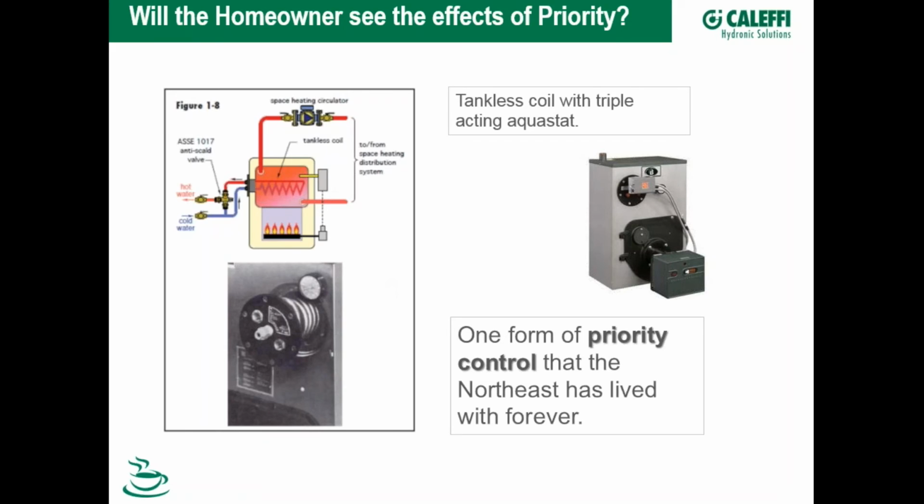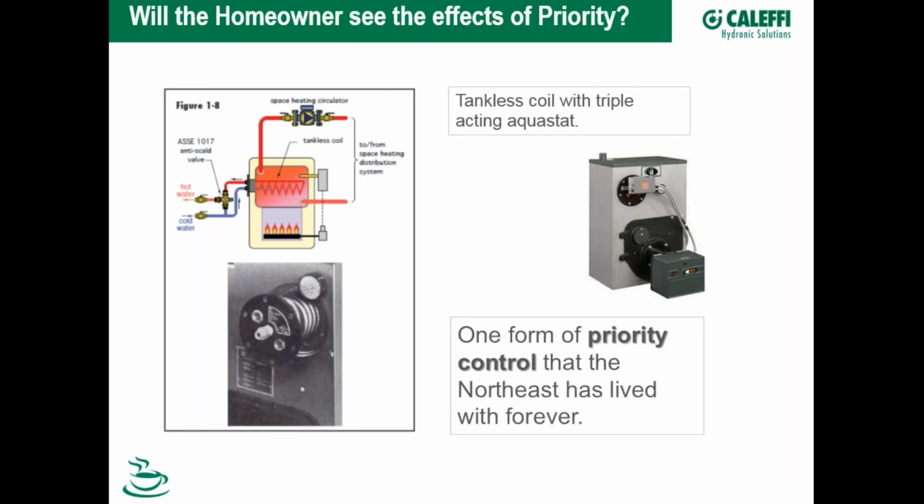So if the water temperature in the boiler hit a low point, it would shut down the system circulator. That way, the full output of the boiler could go to generating hot water. And I think if you talk to anybody in the Northeast, somewhere in their life, they lived with a boiler with a tankless coil. This, in fact, was what was in my basement growing up in southern Maine.